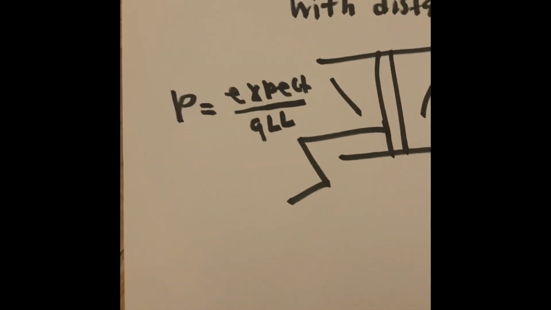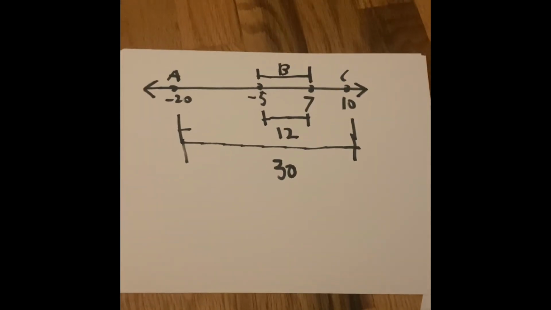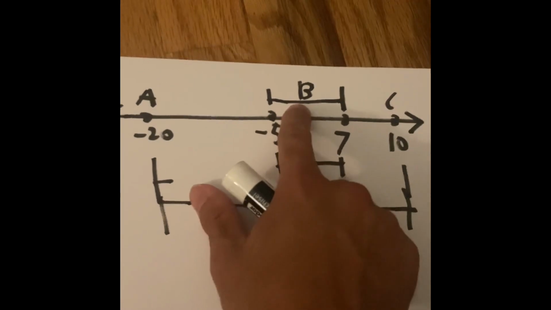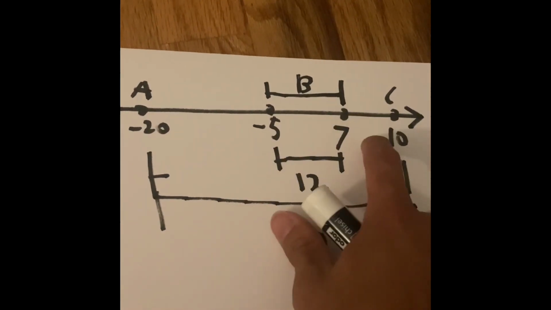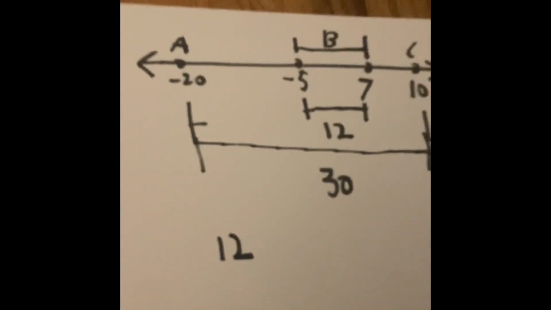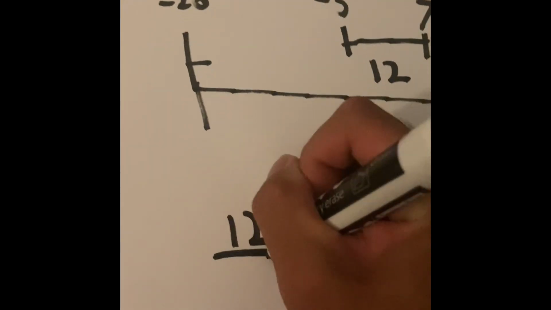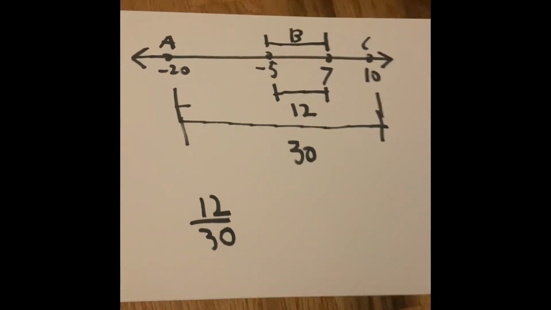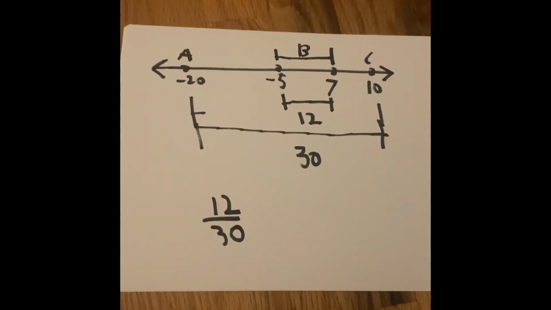Since the formula for probability is expected divided by all, and our expected idea is point B from -5 to 7, we have 12 as the top number. And on the bottom number, we have 30, because that is the total number of all possible outcomes.